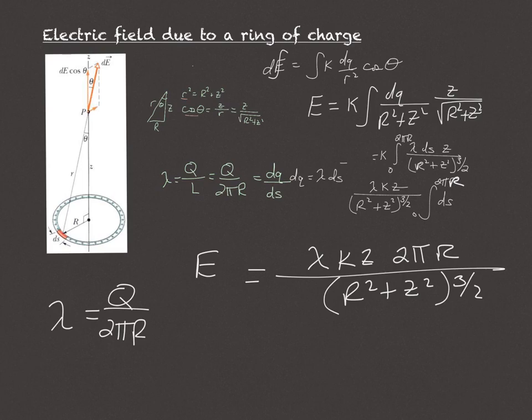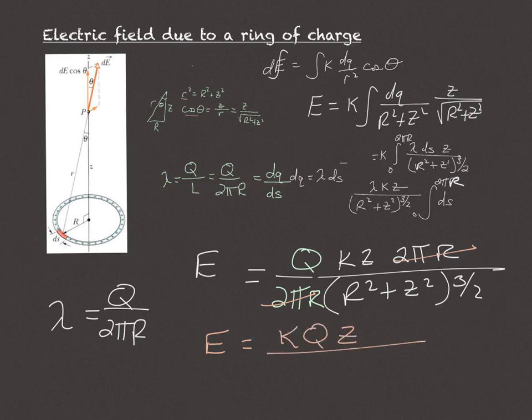So we replace lambda with q over 2 pi r. That cancels. That cancels. K, Q, Z over R squared plus Z squared to the 3/2.